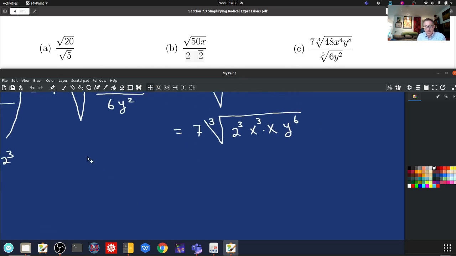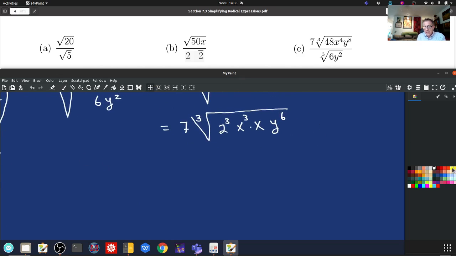Now I'm almost ready. I'm going to bring some stuff out. So that requires me to scoot this 7 over. And each thing that I bring out, 7 is going to be multiplied by it. So 2 to the third divided by 3 is 2 to the first. Now I can bring out x to the third. X to the third divided by 3 is x.